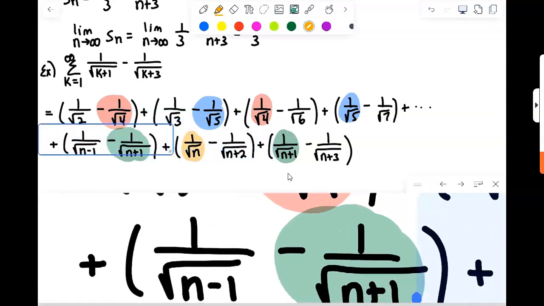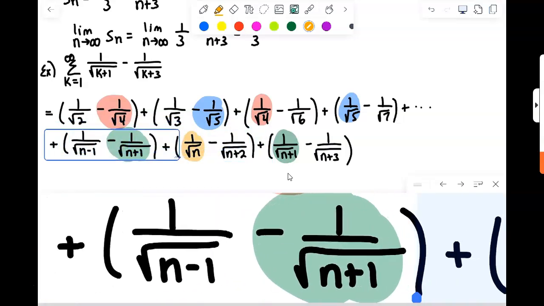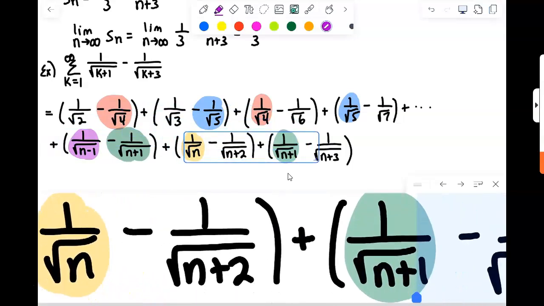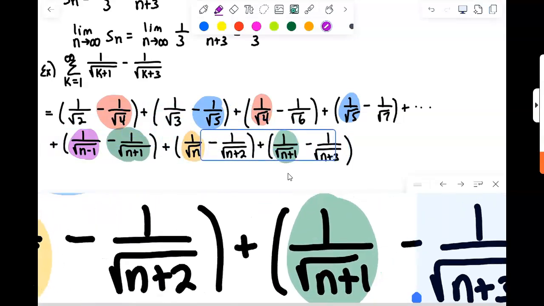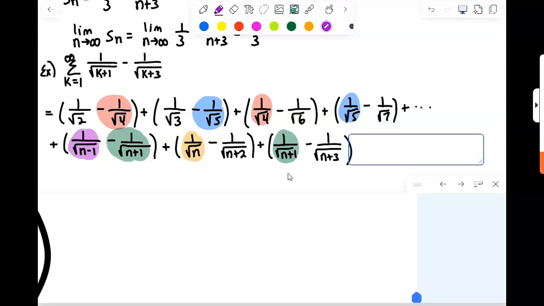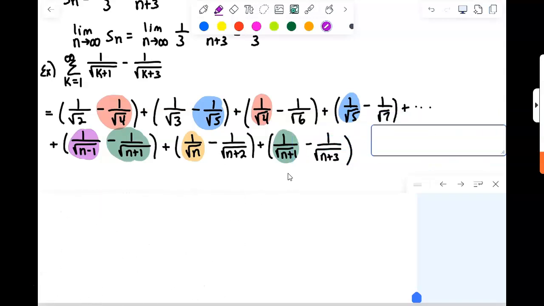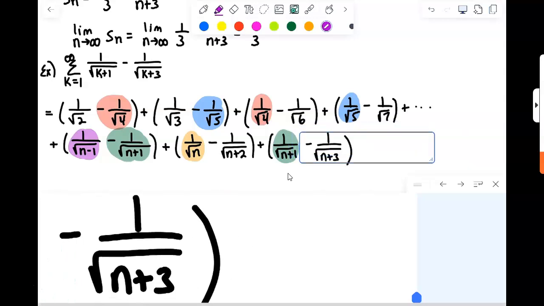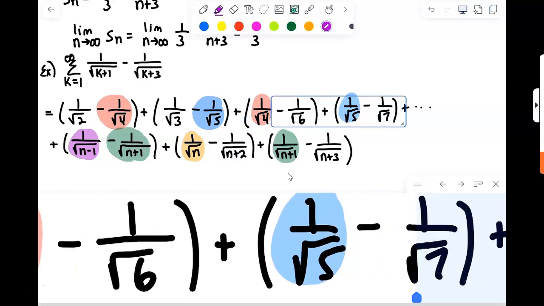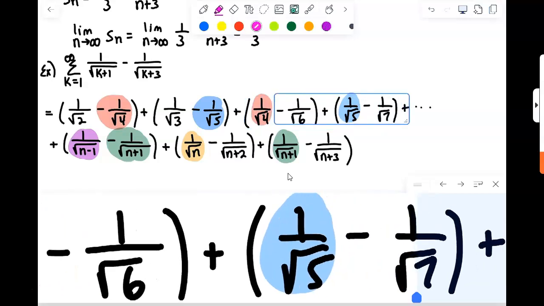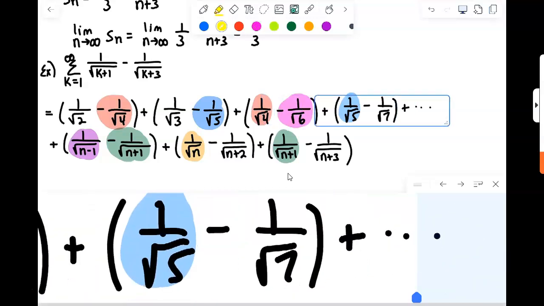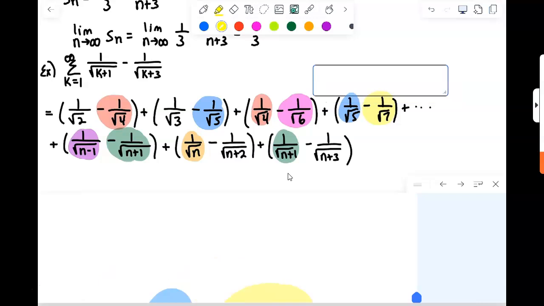That would have happened with the previous term, and that one would have happened with the one 2 previous to that. But the 1 over square root of n plus 2 wouldn't cancel until we get to the next term, and this one wouldn't cancel until we got 2 more terms up. The square root of 6 stuff is going to cancel out, and the square root of 7, I'm starting to run out of colors here, that's all going to cancel out.